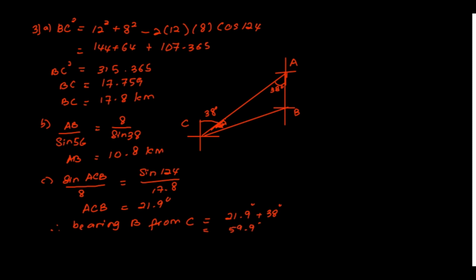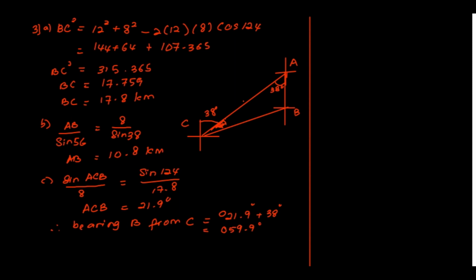But remember, this is bearing, must be 3 digits, so don't forget to put 0 in front. Therefore the bearing B from C is equal to 059.9 degrees.